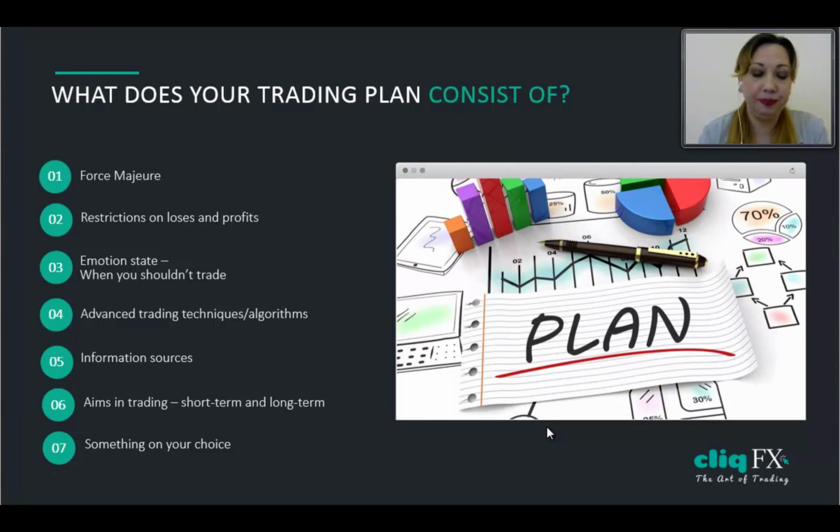Number 2, restrictions on profits and losses. It should also be written in your trading plan what you will do in case of very large profit. Ladies and gentlemen, sometimes large profit affects the trader as much as large loss, or a series of unprofitable trades. And this is also highly individual, of course, and depends on your style of trading and your risk.